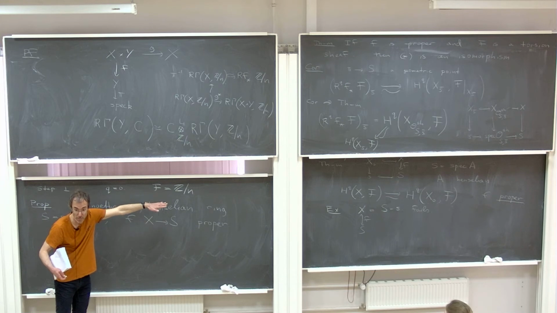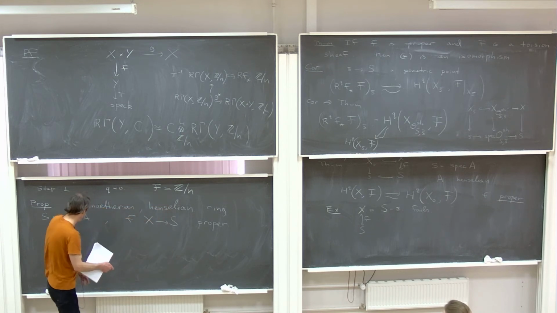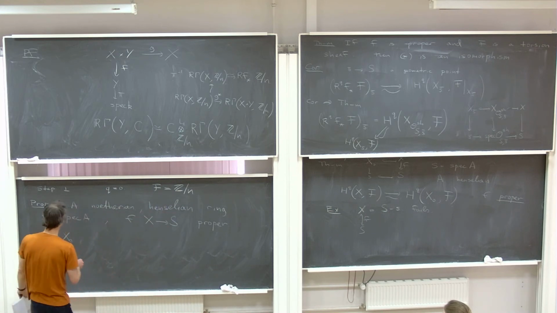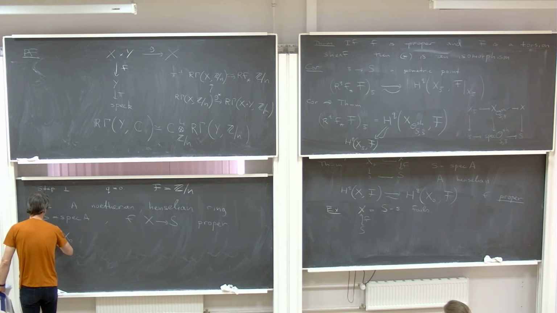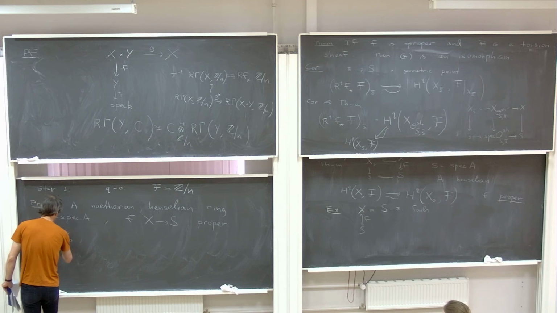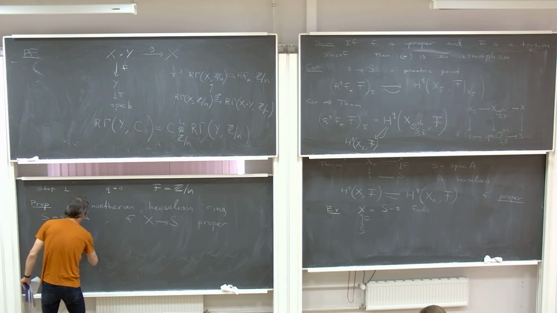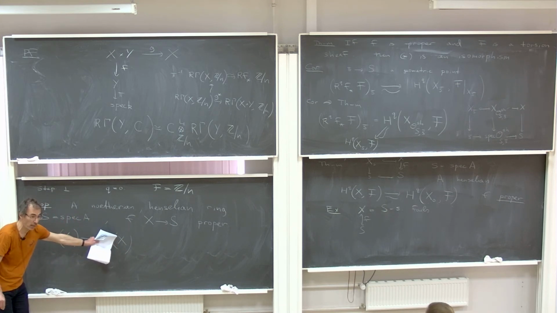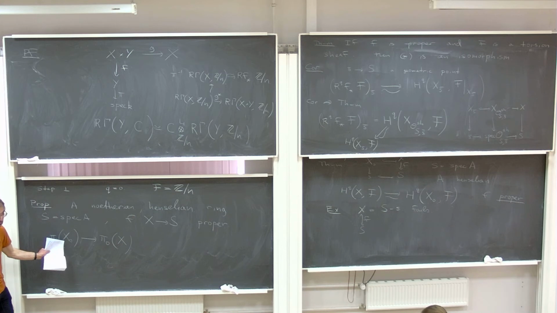This is a free abelian group generated by the connected components of X0 and of X. So the theorem in this case amounts to the following: the embedding induces a bijection on connected components. So if X is connected, then the special fiber is also connected.